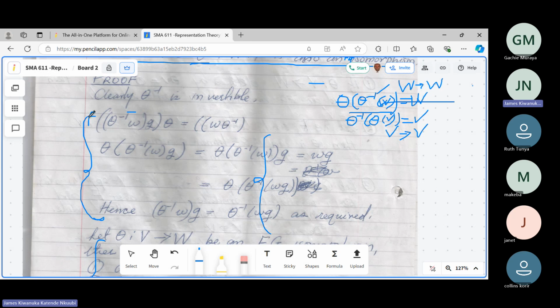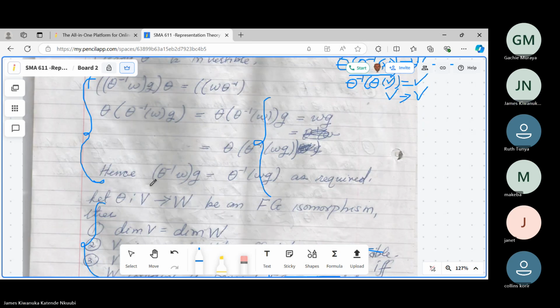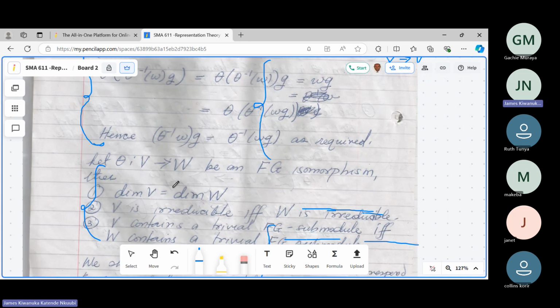I think I leave this as an exercise. You check carefully. I think it's not too hard. If you run through this, you should be able to follow that this multiplication is theta inverse acting on W, and then you have G acting on this element should be the same as theta inverse acting on WG. So what you will use is the fact that the map is an isomorphism.